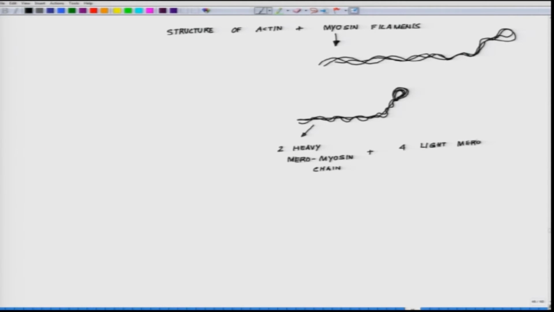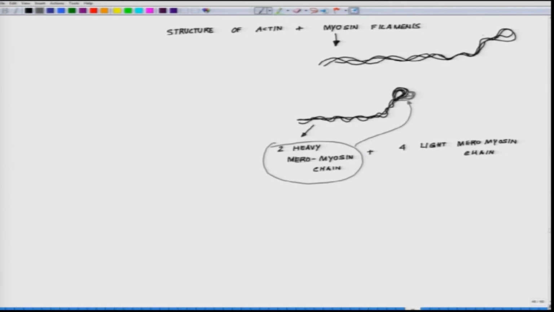So, sum total there are 6 chains. The 2 heavy chains wound around each other to form the 2 heads at one end. So, there are actually 2 heads which are formed here like this, the head looks like this, and they are formed by these 2 meromyosin.